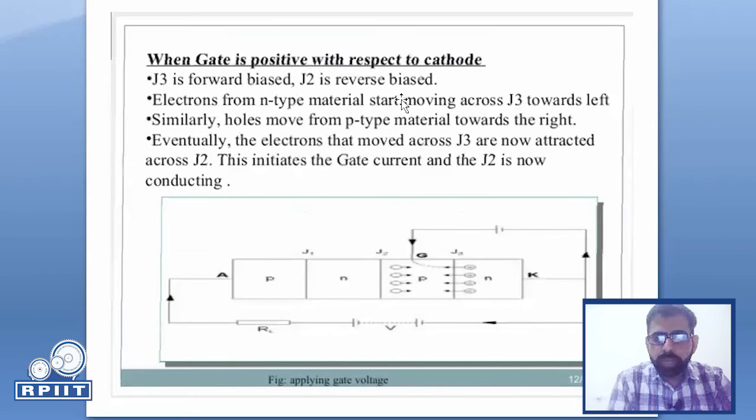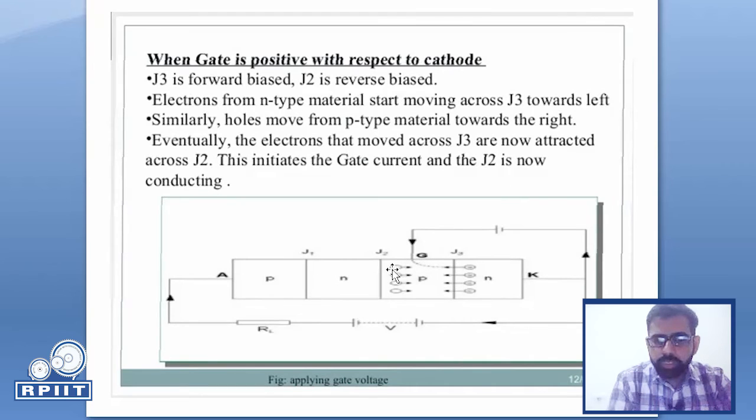So when the gate is positive with respect to the cathode, if we make this gate positive, meaning this is a positive terminal and this is a negative terminal, then with the gate positive with respect to the cathode terminal, J3 is forward biased and J2 is reverse biased in that case. Electrons from the N-type material start moving across J3 toward the left.